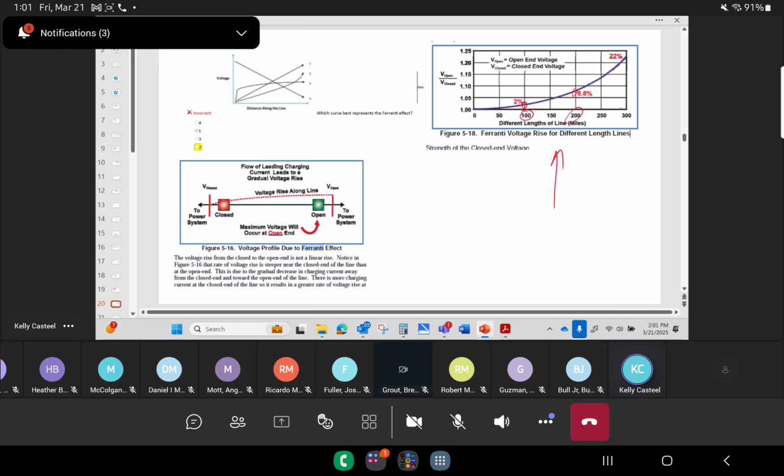And the longer the line is, the more impactful that is. But this is not showing the voltage profile along the length of the line. Okay, so that one does show that voltage profile along the length of the line. So just make sure you understand the differences between those two graphs.